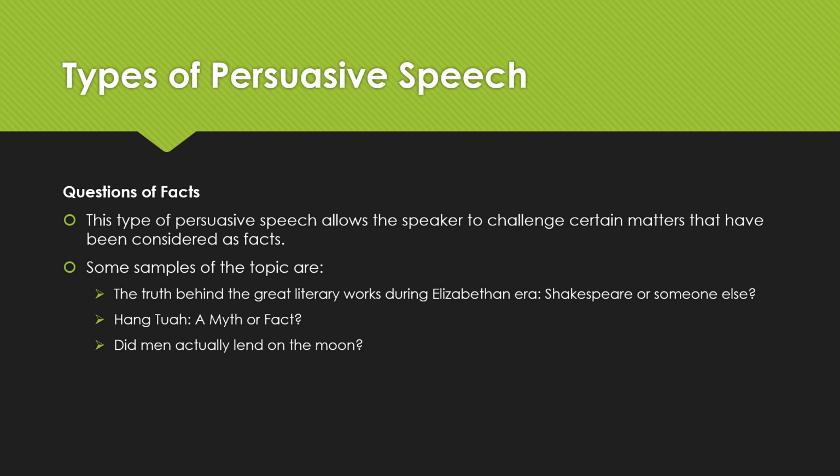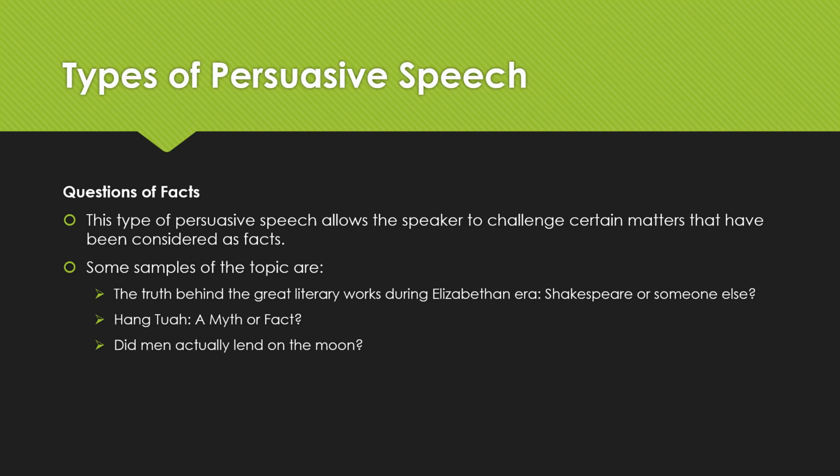Now some samples of the topic are the truth behind the great literary works during the Elizabethan era, Shakespeare or someone else. Now we all know who William Shakespeare is, but of course there is a group of people who believe that William Shakespeare did not exist.